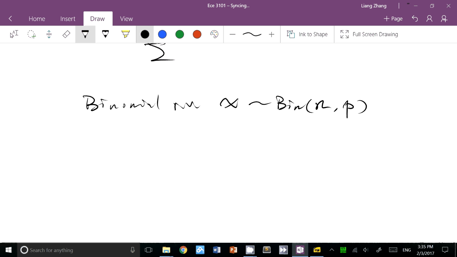Now in the textbook or some simple calculation, we know the mean of x will be np. The number of tosses multiplied by the success probability will give you on average how many successes you should see. The variance of x will be equal to np(1 minus p).